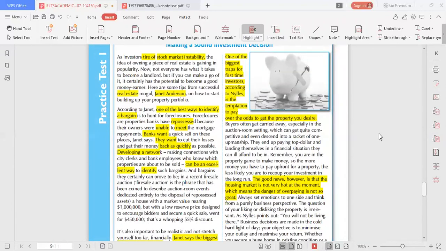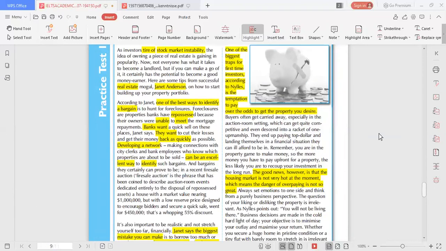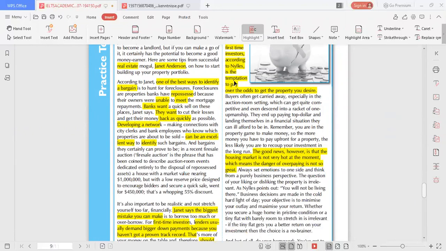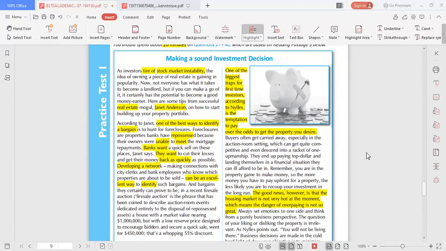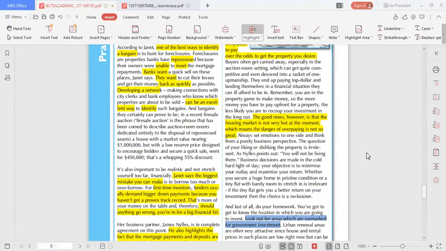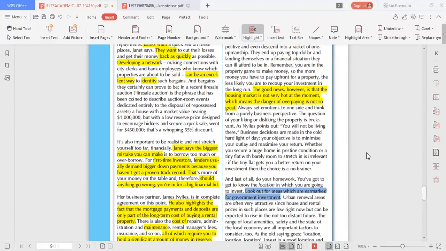And I read and I come across, where was it again? So I've got to look for the words that I highlighted here.